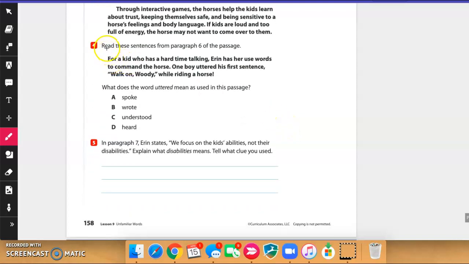Number 4, for a kid who is having a hard time talking, Erin has her use words to command the horse. One boy uttered his first sentence, "Walk on, Woody," while riding a horse. What does the word uttered mean in this passage? Choose the meaning of the word uttered.